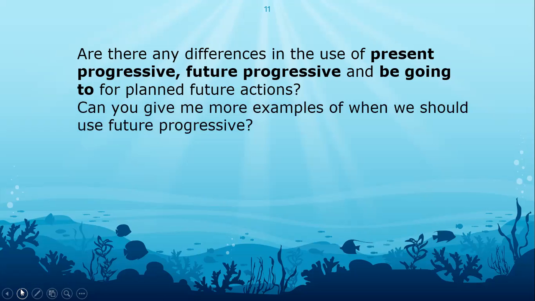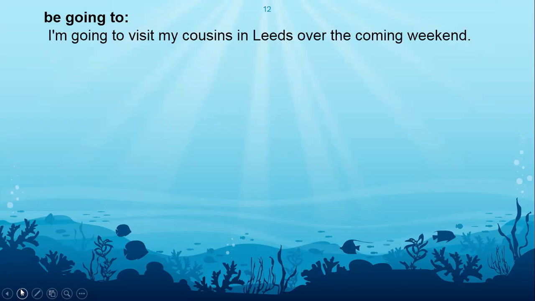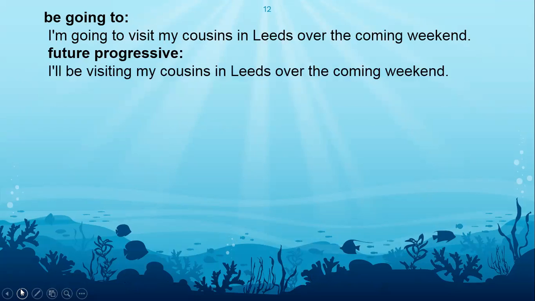Okay. Examples of the progressive future. Be going to, right? Be going to is: I am going to visit my cousins in Leeds over the coming weekend. And future progressive is will plus be: I'll be visiting my cousins in Leeds over the coming weekend.